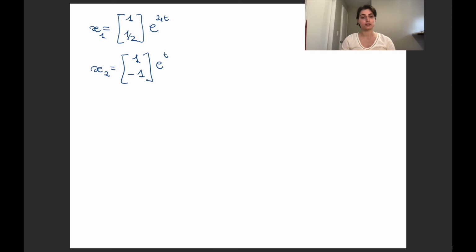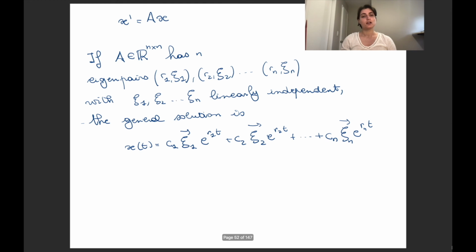Those are the two blocks we're interested in. So if we're looking at x prime equal to Ax, where A is a square matrix of real values, n times n, and A has n eigenpairs, r1 xi1, r2 xi2 down to rn xin, with xi1, xi2 down to xin linearly independent, then the general solution is given by the linear combination of the solutions associated to each of these eigenpairs.